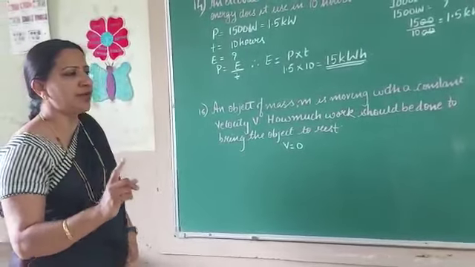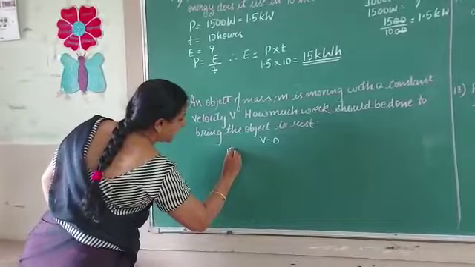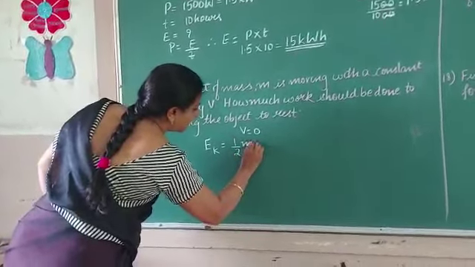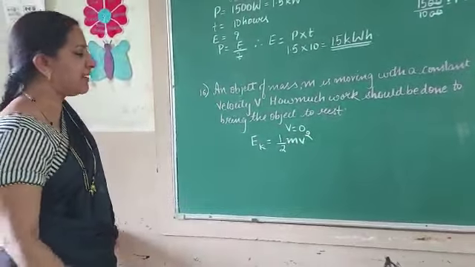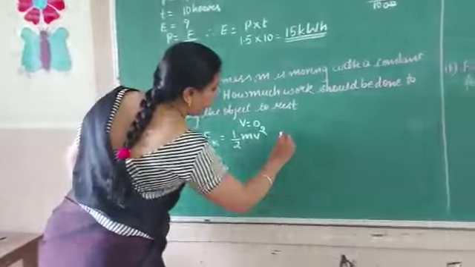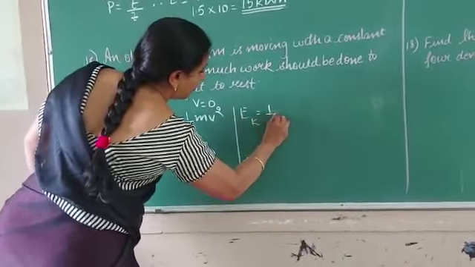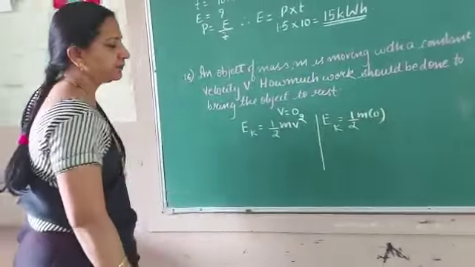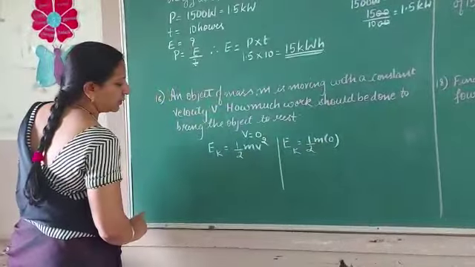So it is moving, which means it has kinetic energy, and the kinetic energy with which it is moving is half mv square. Okay, it is half mv square. And when it comes to rest, its kinetic energy will be equal to half mv square minus 0. Isn't it? That is because velocity will be equal to 0.